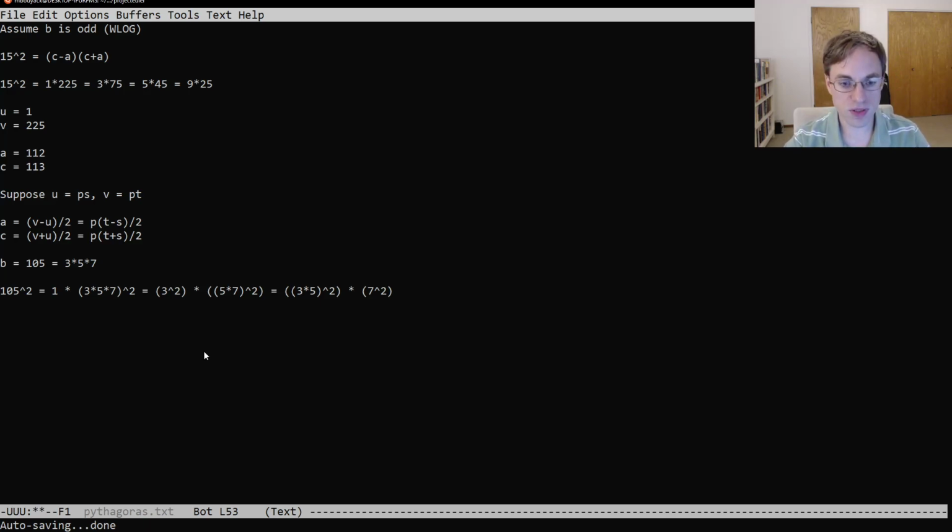We've already noted that u and v are both odd and that they have no common divisors. And now we've determined also that they must be squares. But the process of taking b squared and factoring it and finding these factor pairs of u and v can be computationally expensive, especially for large values of b.